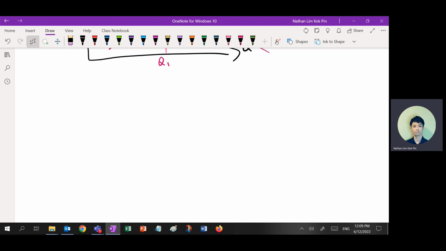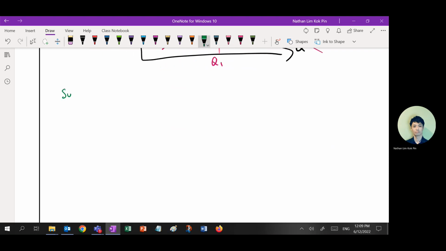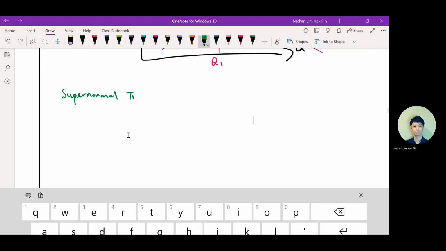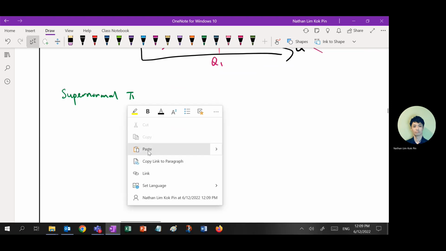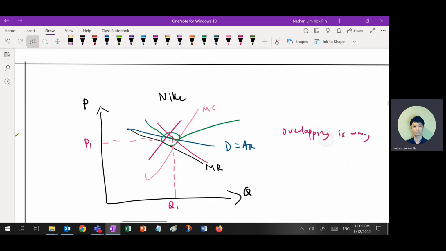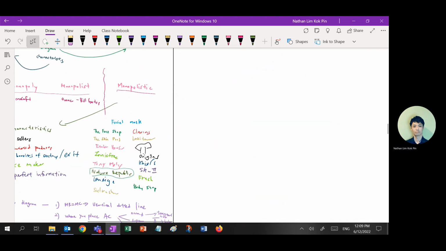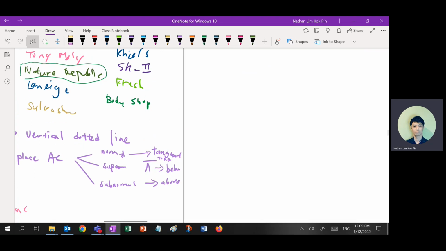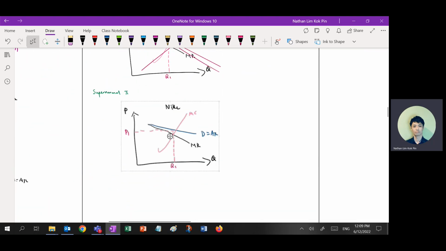Now I'll go to the supernormal. Supernormal profit. Your AC curve must be, just like I said, below. In order to earn supernormal profit, the AC curve must be below.